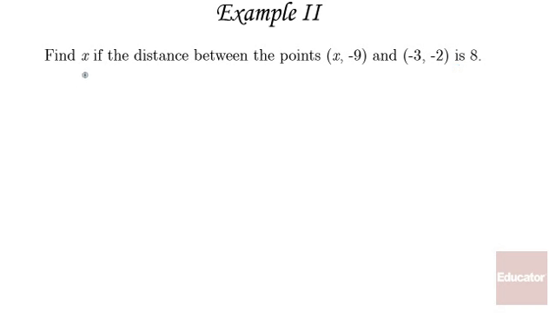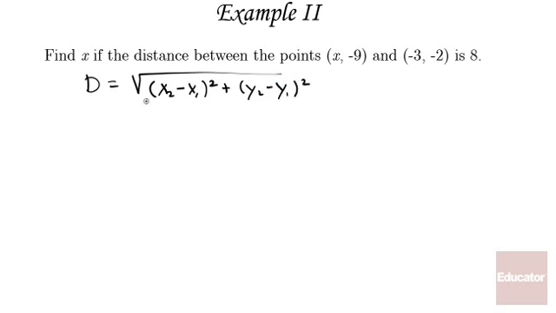All right, so distance formula. And I'm given the distance. And I'm given some points, but I'm missing a point, and I need to find the value of that point.